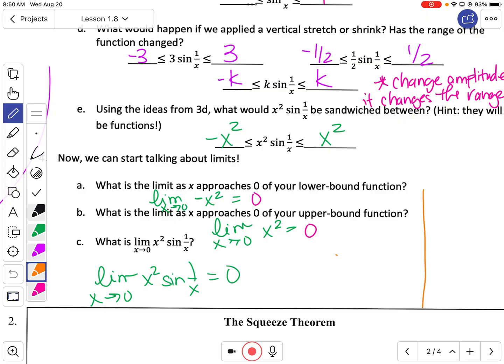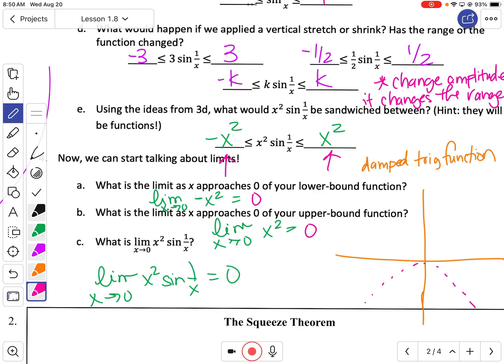Now, let's think about what that function looks like if we graph it. This is what we refer to as a damped trig function. We take these bounds and graph them. So -x squared would look like this, x squared would look like this.